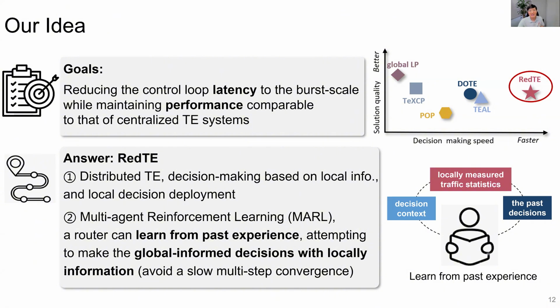Even without access to global information in the inference phase, RL agents in routers can be trained for a long time offline using global information, and attempt to make globally informed decisions online with local information. In other words, if a similar situation has happened in training, the routers can learn from past experience to output optimal TE decisions, avoiding a slow multi-step convergence.